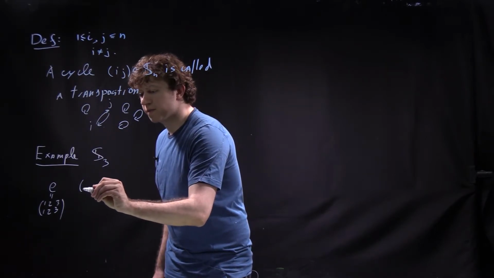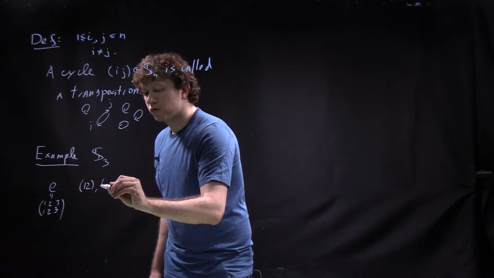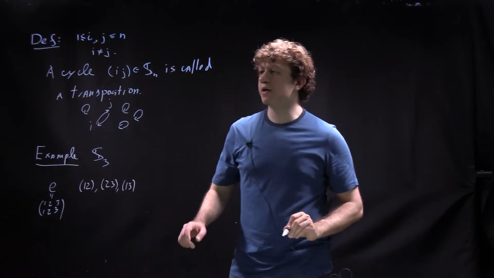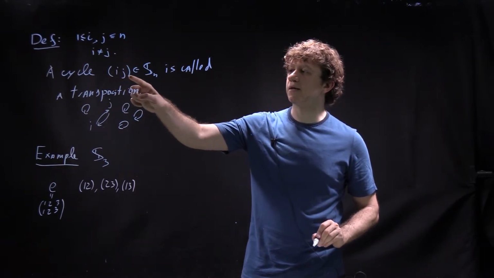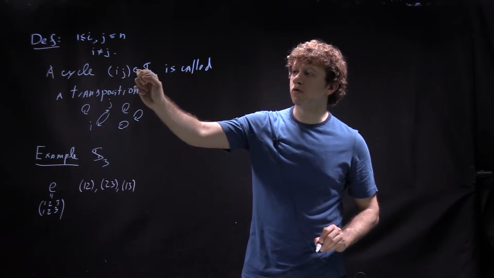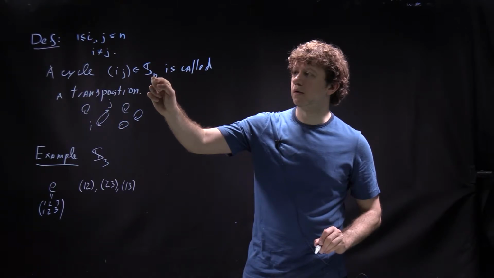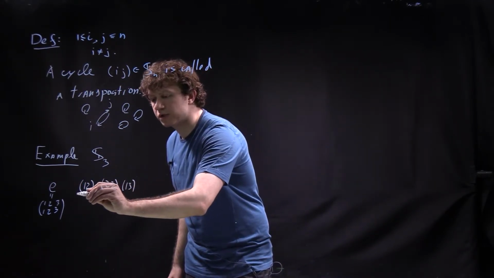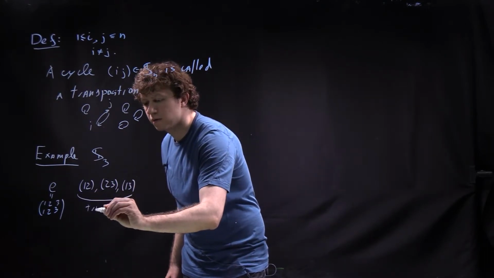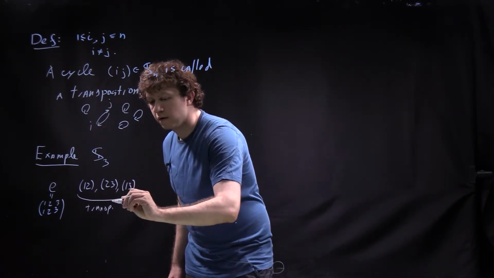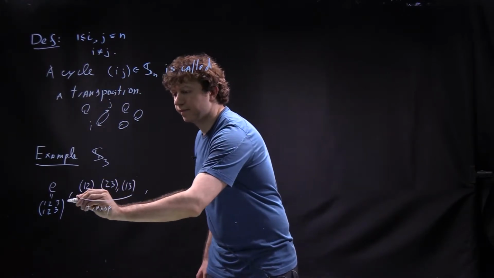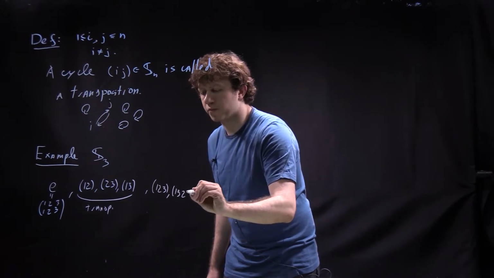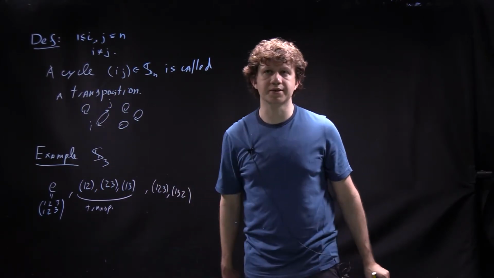Then there are the transpositions (1 2), (2 3), (1 3). So these are 3 cycles of length 2, these are transpositions. And then there are 2 cycles of length 3. These are all the permutations in S3, so there is nothing else.